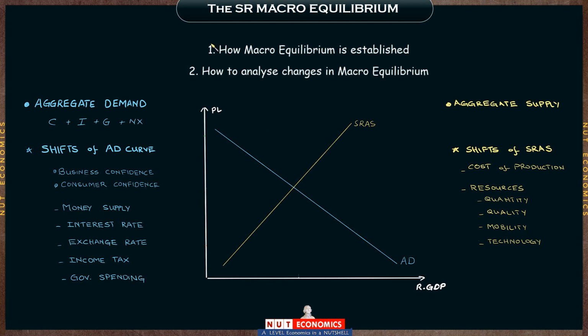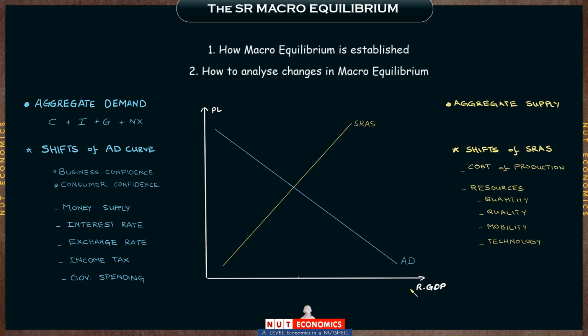The first one is that this model, as we will see, allows us to theoretically depict the way in which the macroeconomic equilibrium is established, and then more importantly, as we will learn by the end of this video, once we have the starting reference equilibrium point, we can then start using this model of AD and AS as an analytical tool with which we can work out the impact on the key macroeconomic variables such as price levels, GDP, employment, and incomes as the macroeconomic conditions in the economy change.